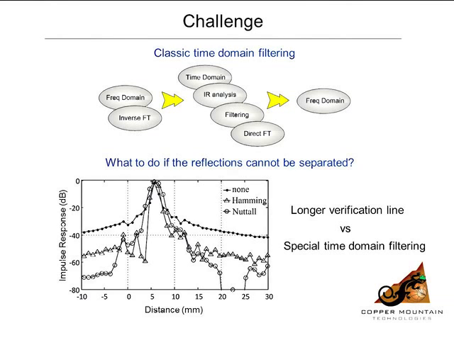Then we analyze the impulse response in the time domain by determining the appropriate time delays for further calculations. Those sections of time are selected or deselected in the time domain. And after filtering, we transform those back to the frequency domain using the Fourier transform.